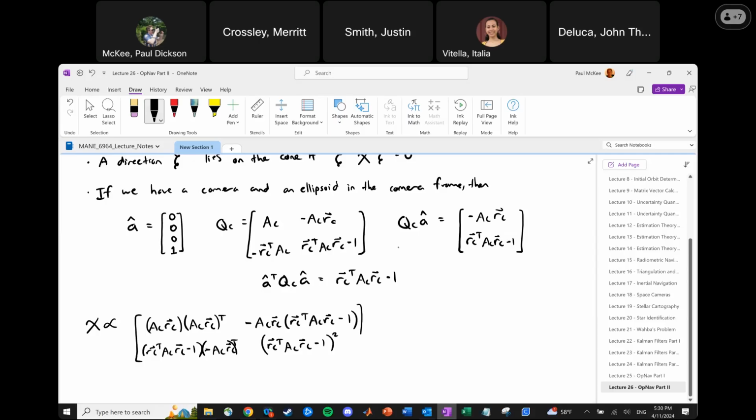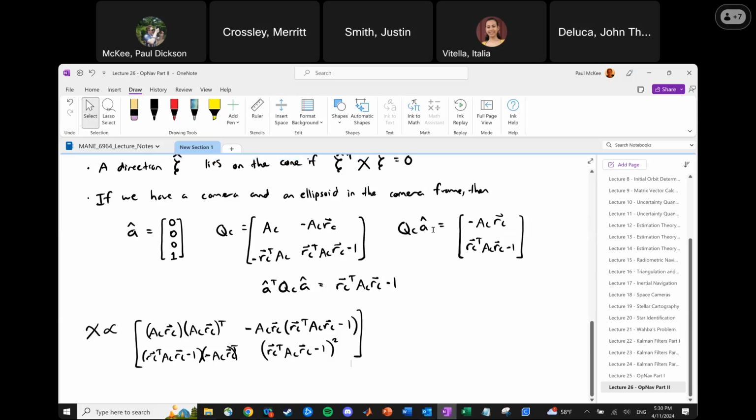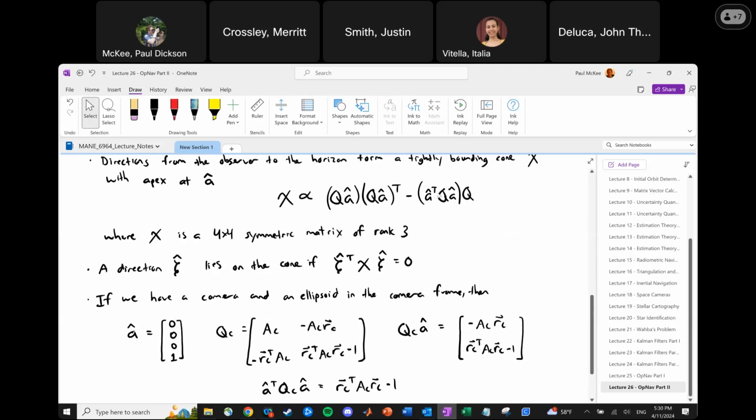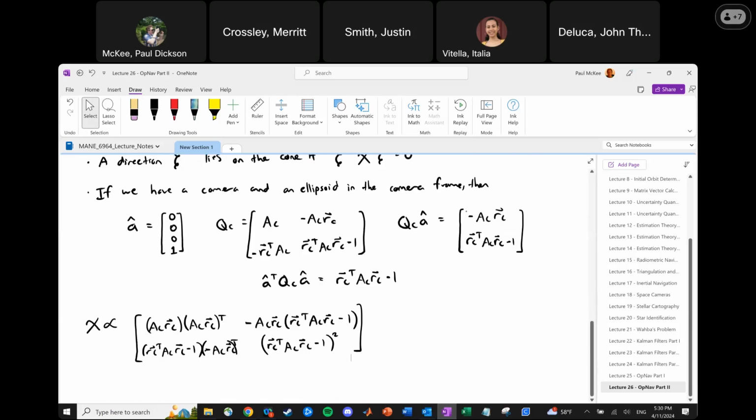This matrix is QC times A times QC times A transpose. Then we still need A transpose QA times Q. So we're still not done.